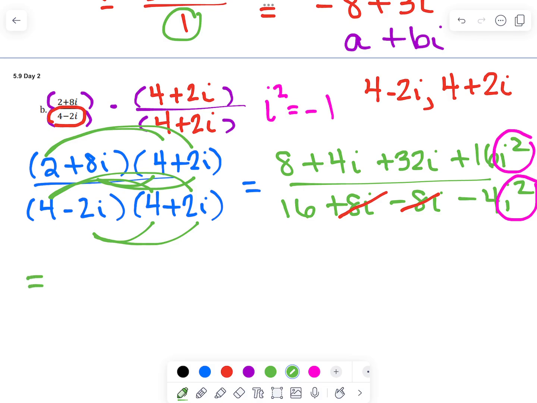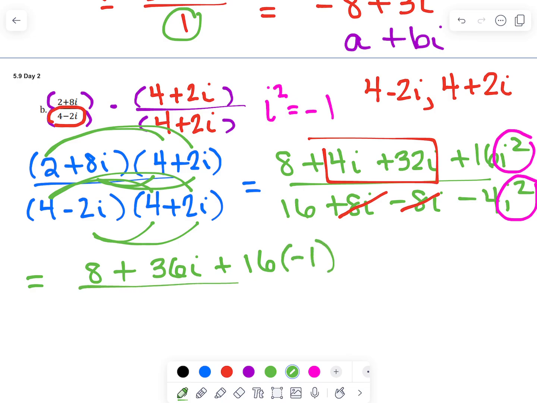So continue simplifying. We have 8 plus, and now notice these are like terms, so they will condense down to 36i, plus, and then we can replace that i squared with negative 1. In the denominator, we have 16 minus 4.